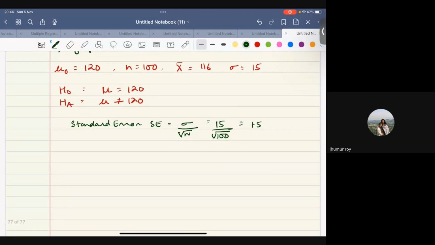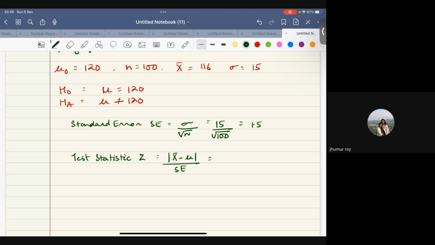The calculated value of Z, or it is called the test statistic Z. What will it be? Absolute value of x bar minus mu upon standard error.